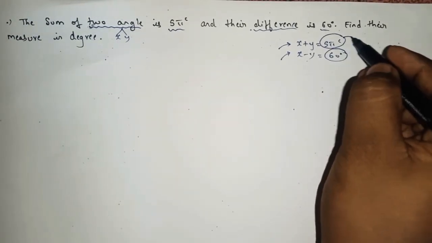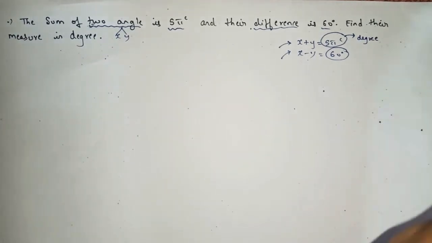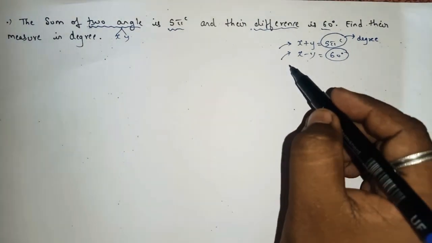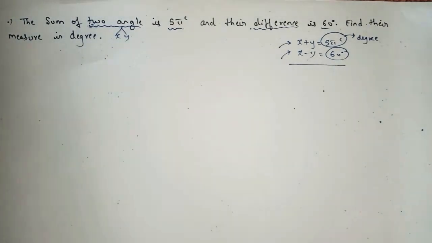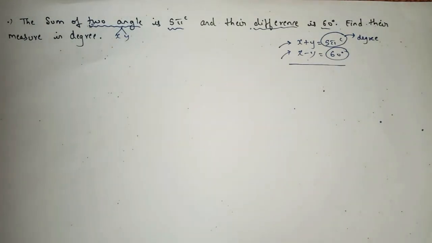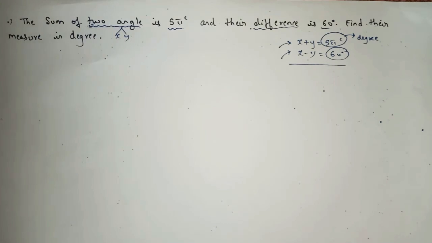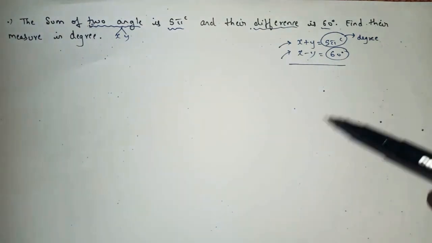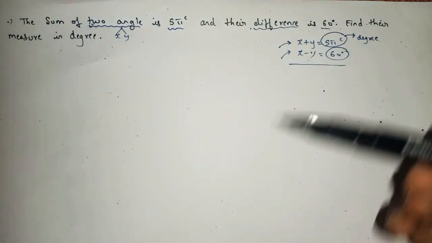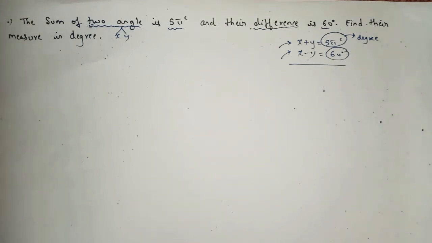So we'll convert this radian into degree, as we are comfortable solving the sum with respect to degree. After that, I hope you all know how to solve two linear equations simultaneously. There are many other methods like substitution method, Cramer's rule, but you have to stick with the simultaneous method only. By adding and subtracting equation number 1 and 2, you will get the answer of x and y.